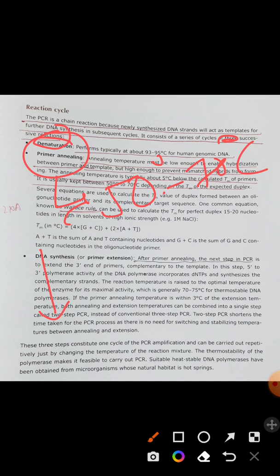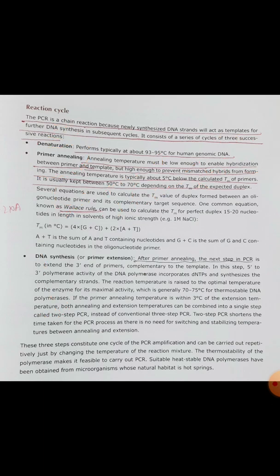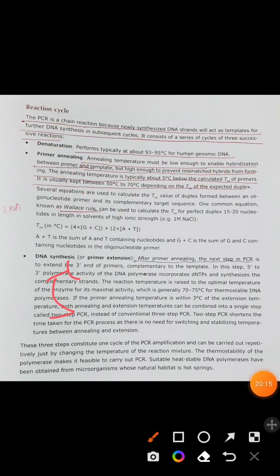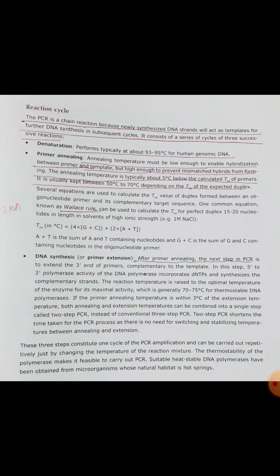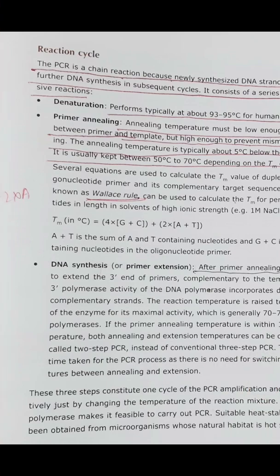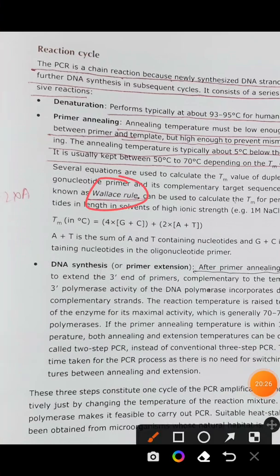So the annealing temperature is usually kept 5 degrees centigrade below the Tm value of the primer. We have also discussed a rule by which we can conclude the Tm value of the expected duplex, and with the help of this Tm value we can conclude the Tm value of the primer.